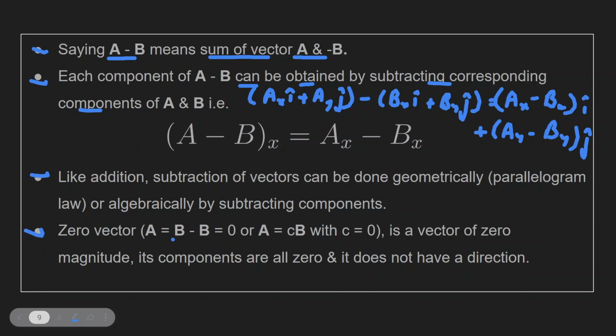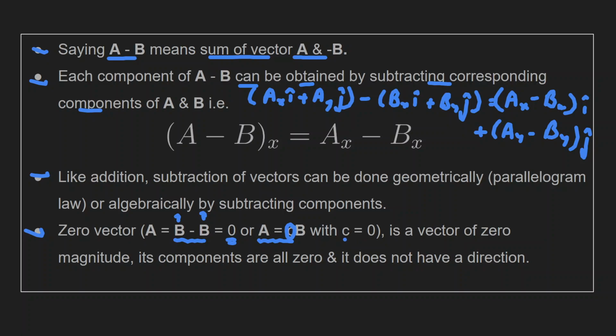Now next is a zero vector. A zero vector can be obtained by adding a vector and its negative. So if we add a vector and its negative, we get the zero vector. Another way of getting a zero vector is multiplying with a scalar. This C over here is a scalar.